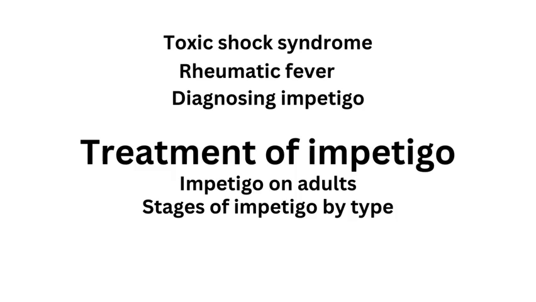Impetigo on toddlers. Toddlers are the most likely age group to develop impetigo. The infection looks different on young children than it does on adults. Parents may see sores on their child's nose and mouth area, trunk, torso, hands, feet, and diaper area.